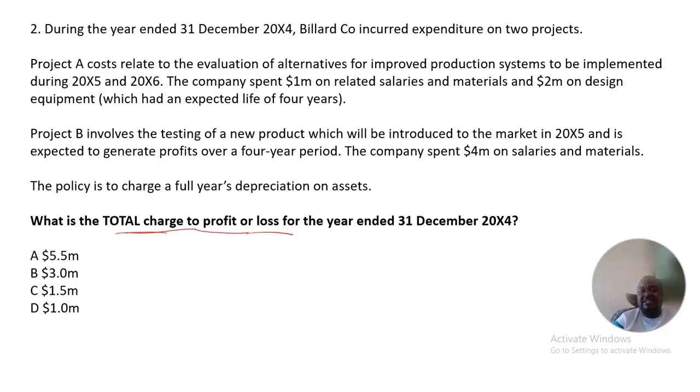And by the fact that there are two projects, each project could have its own transactions, which would then come up with some total expenditure by the end of the day. Remember, we are told in the introduction that the company incurred expenditures on two projects. So let us be systematic. Let's start with project A.